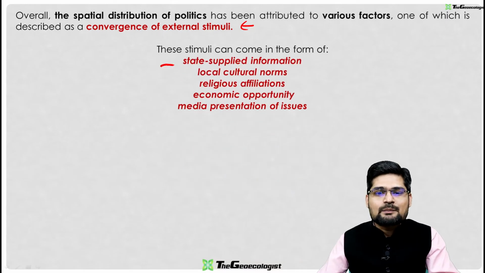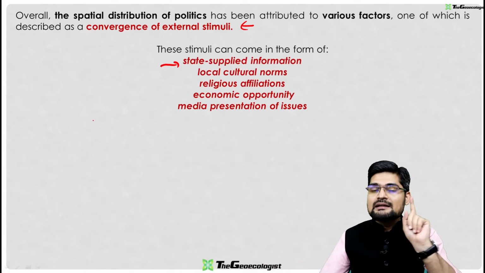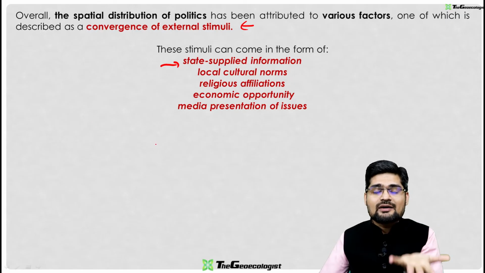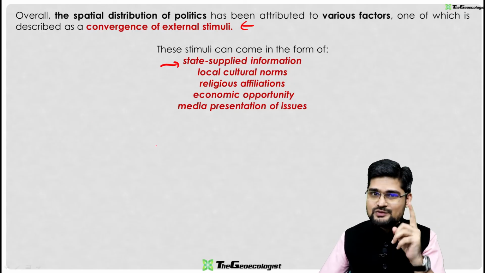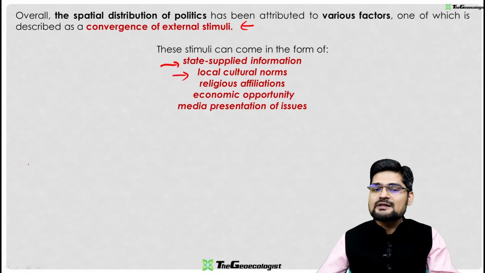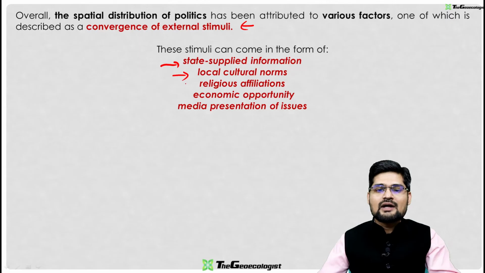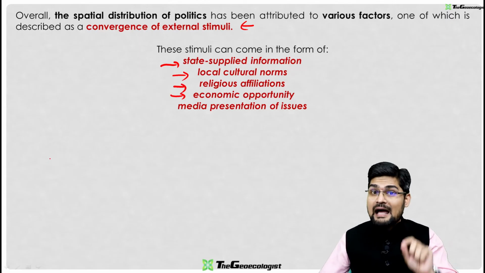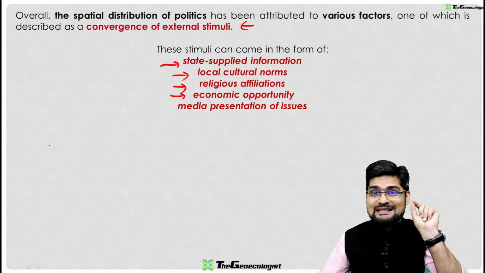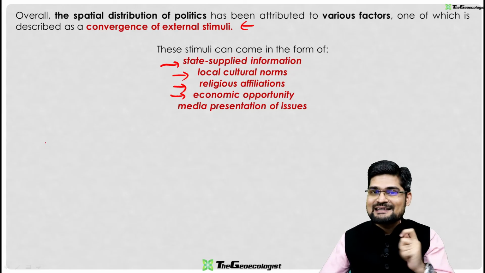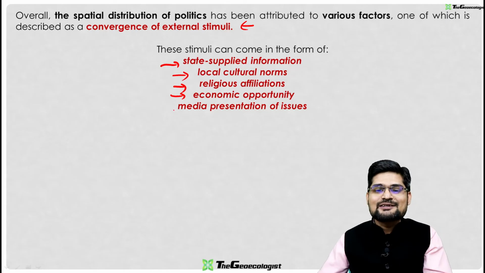The state supplied information. That's where the epistemological concept comes into the picture: what is in your hand, what knowledge do you have? That's one. Then you have local and cultural norms. That is very important for people when we go to vote. And then you have religious affiliations as well, economic opportunity, and in today's world, what's looking and changing and controlling virtually all of these elections and their spatial distribution is the role of media.